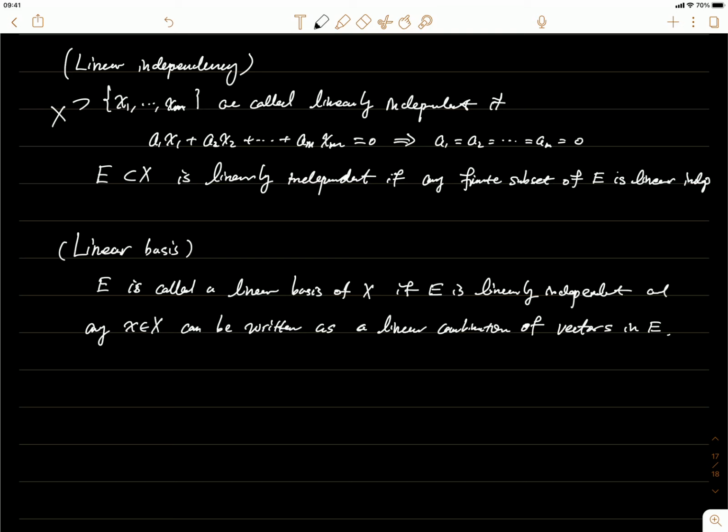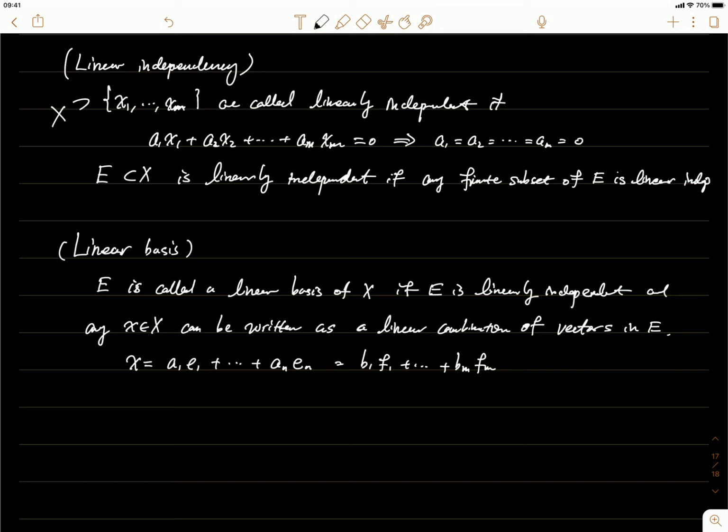The idea is that you can write x as a1 e1 plus ... plus an en, where e1 through en are from the set E. At the same time, you can also rewrite x as a linear combination b1 f1 all the way to bm fm.